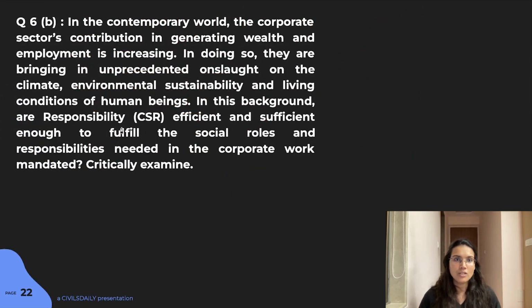Finally, the last question here is: in the contemporary world, corporate sector contribution in generating wealth and employment is increasing. So basically, we're talking about the role of private sector. In doing so, they are bringing unprecedented onslaught on the climate, environmental sustainability, and living conditions of human beings.